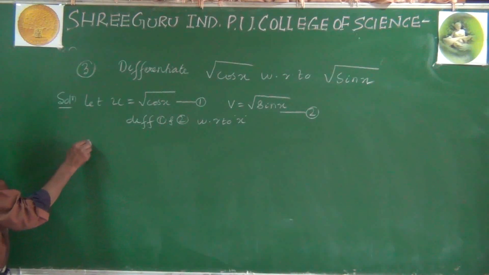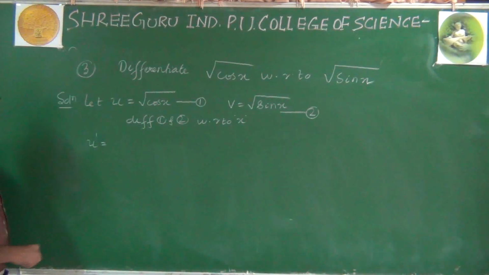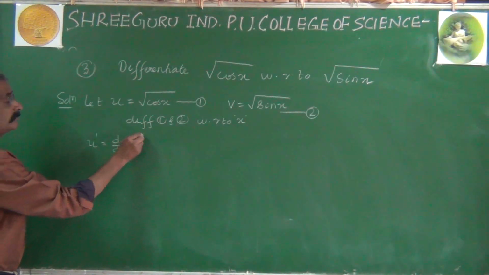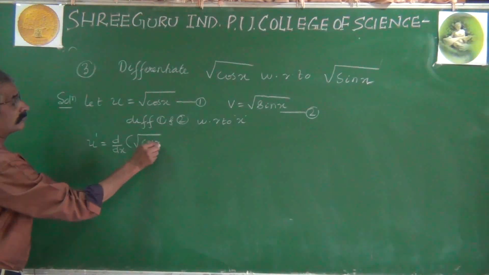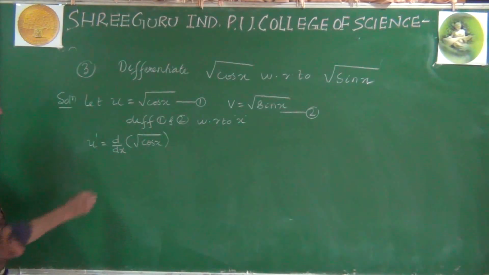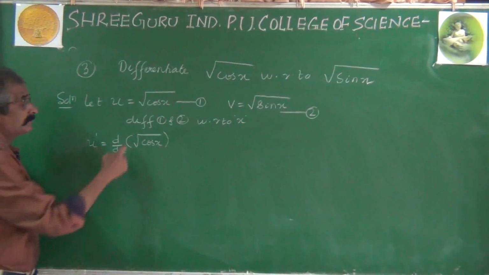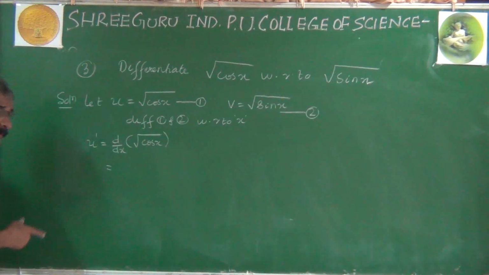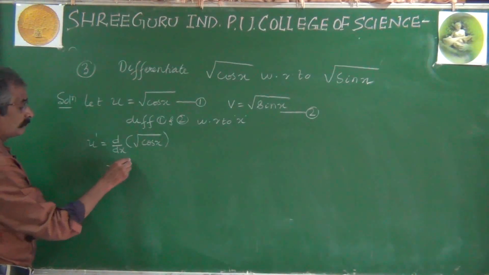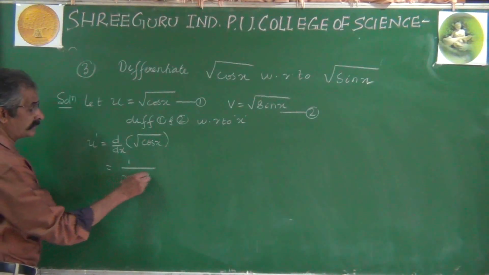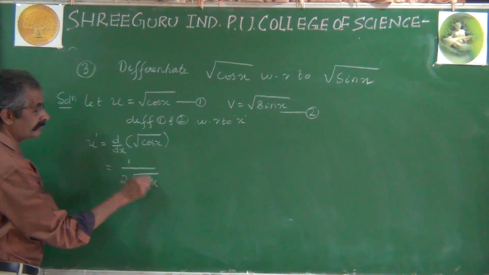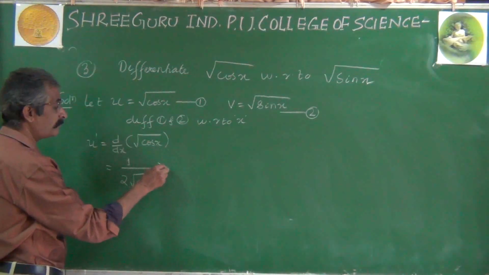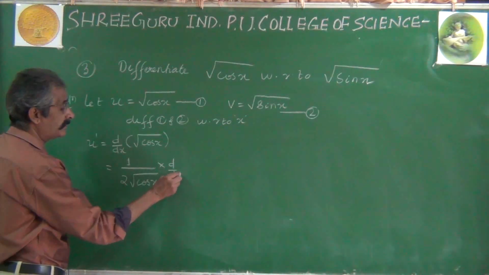Differentiation of u is denoted by u dash. On the right hand side, in symbolic form, d by dx of square root of cos x. That is just like differentiation of root u, whose formula is 1 by 2 root u into u dash. So here 1 by 2 root of cos x multiplied by the differentiation of cos x, d by dx of cos x.